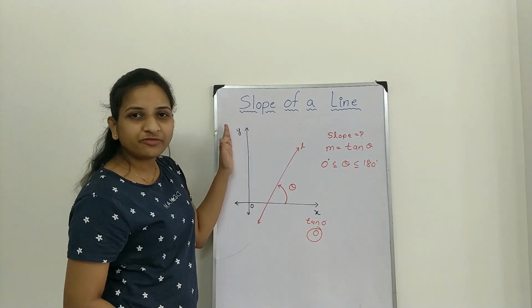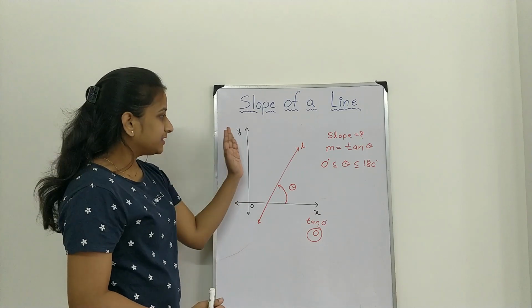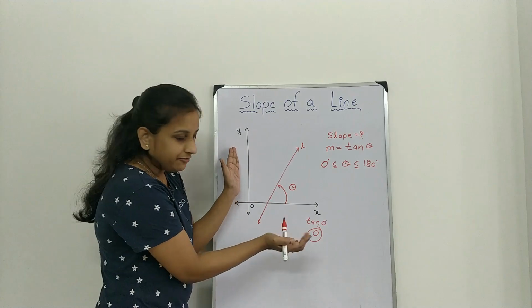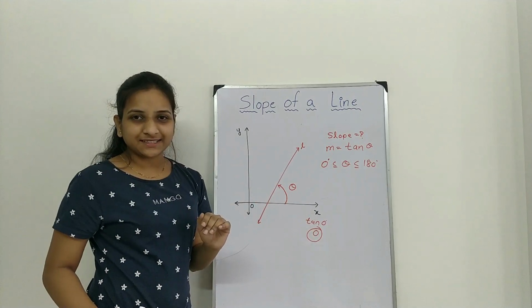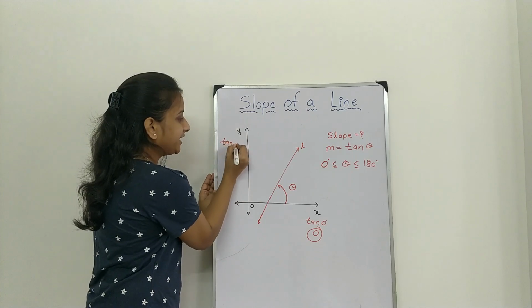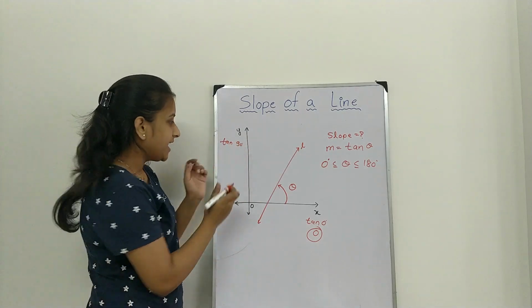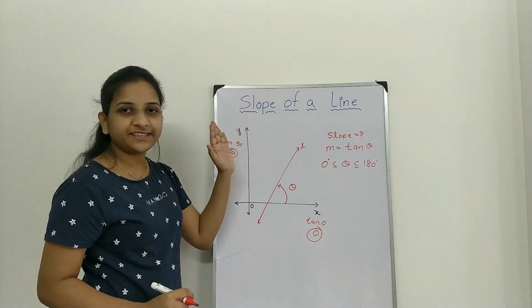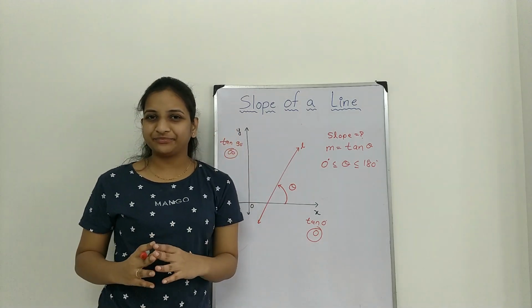Let's find out the slope of y-axis. This line is making 90 degree with the positive x-axis, so slope of this line is tan 90 degree. Tan 90 is infinity. So slope of y-axis is infinity, undefined.